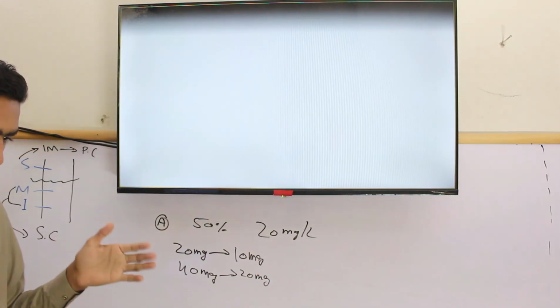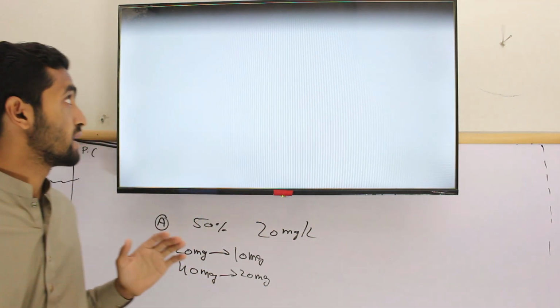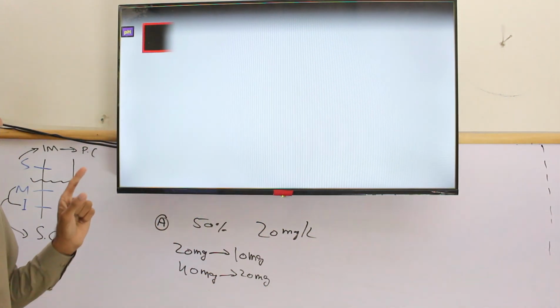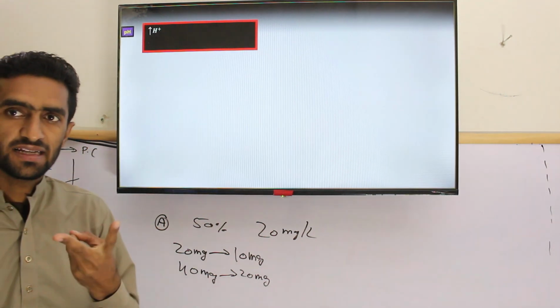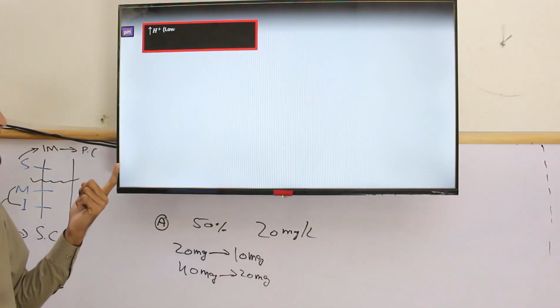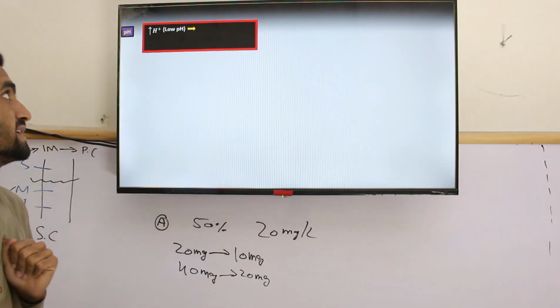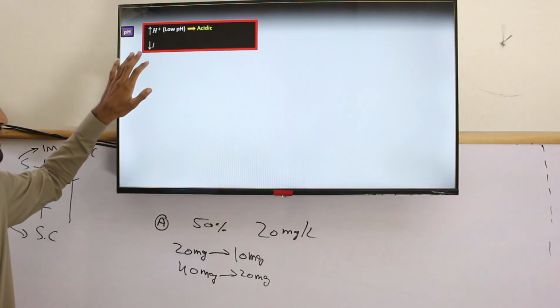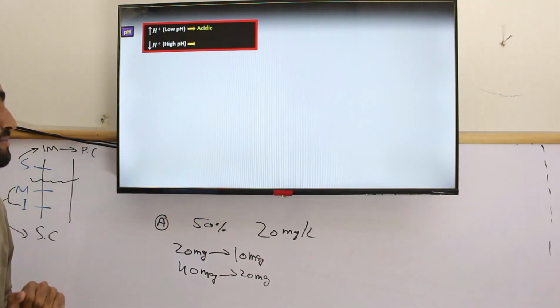If you have a good basic understanding you can understand pH. When hydrogen concentration is high, pH is low, and we call it acidic. If hydrogen concentration is low, pH is high, and this is basic.